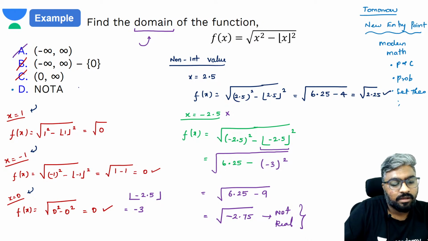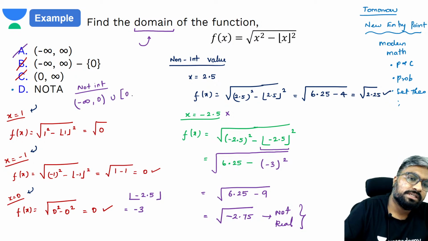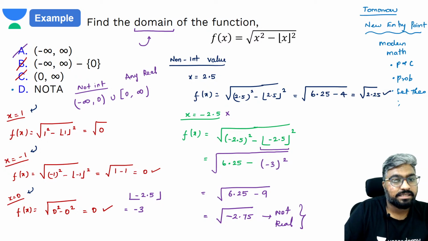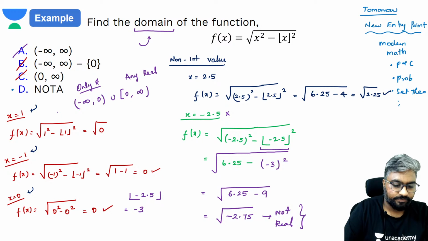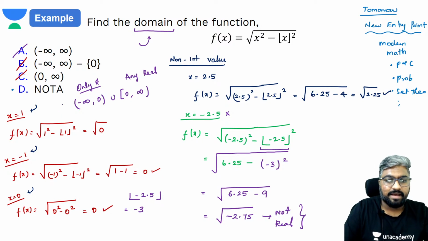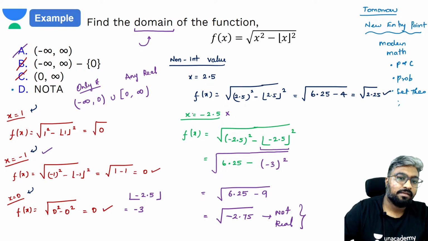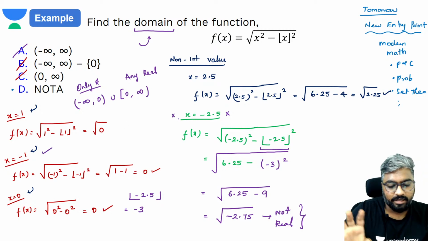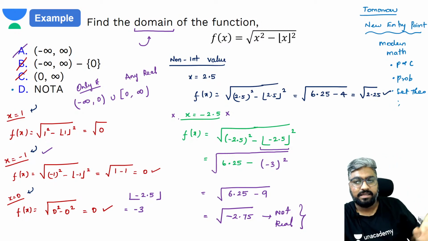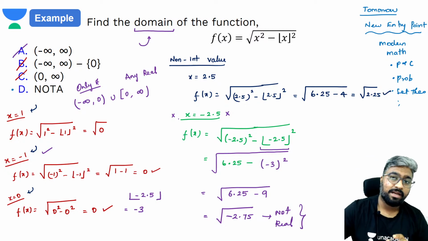It will be like this: non-integer values in minus infinity to 0, union 0 to infinity where anything will work. Here any real value will be okay, but here only integer values. On the negative side we tried integer values and it worked; with non-integer values it did not work. Clear?